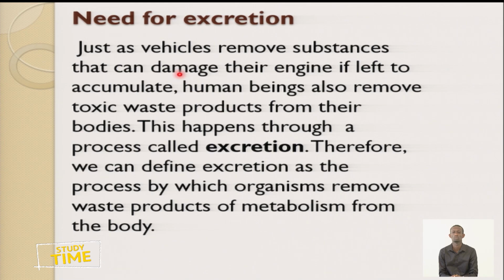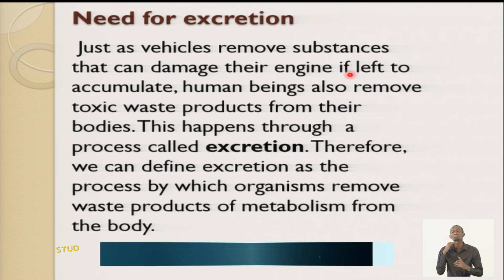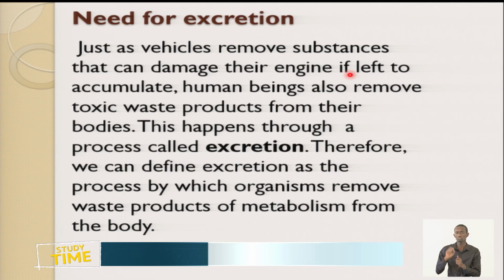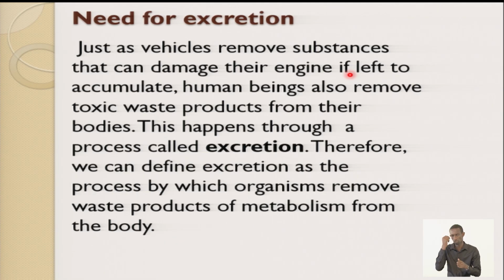Just as a vehicle removes waste products that can damage their engines if they accumulate, human beings also need to remove these waste products from their bodies, because they affect the body metabolism.